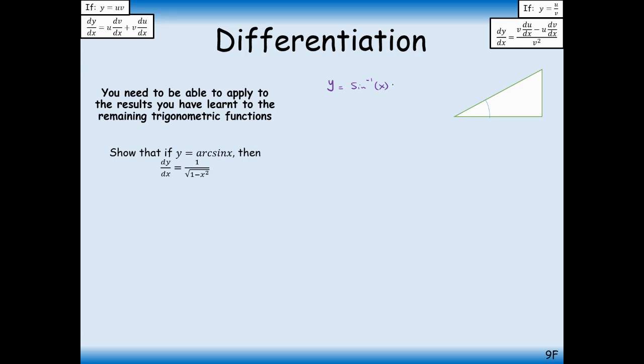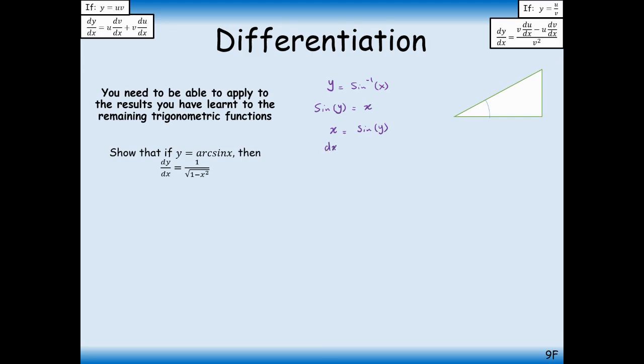Arc sine of x is inverse sine of x. So we can take sine of y equals x, because I simply applied the sine to both sides. So sine and inverse sine on the right cancel away. So now we can find the derivative of x with respect to y and turn that around.